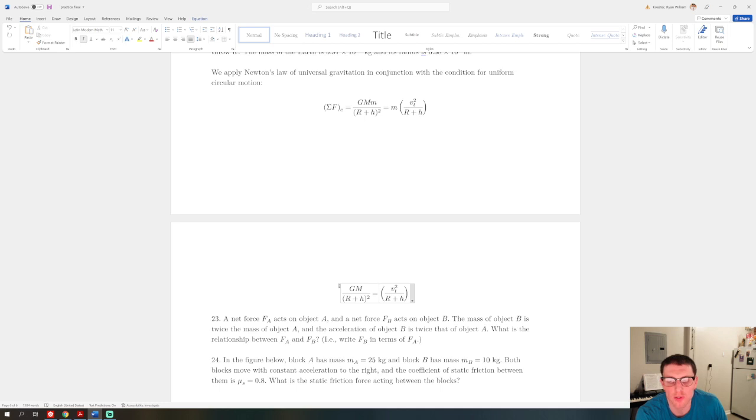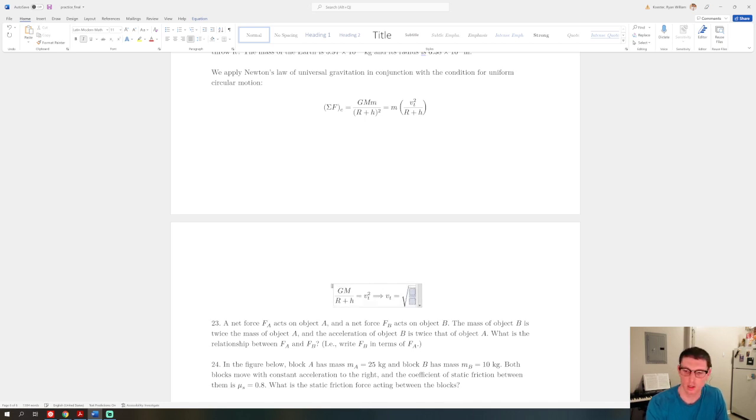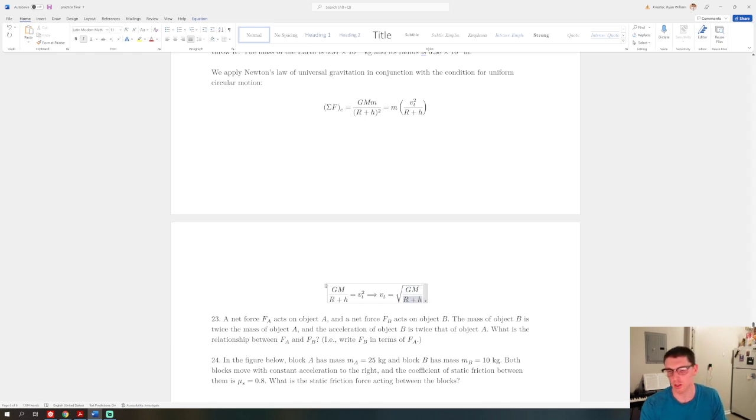So we can cancel a factor of R plus H. So this just becomes R plus H, and over here we wind up with v tangential squared, right? So from this, we see that v tangential equals the square root of GM over R plus H.